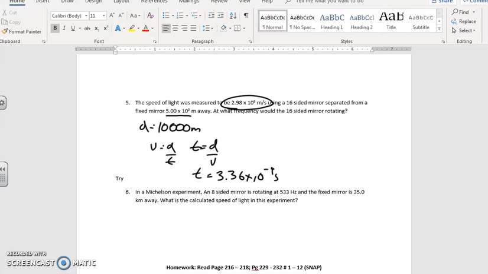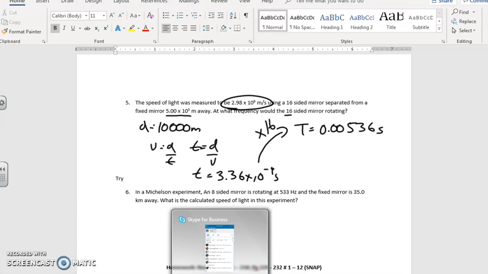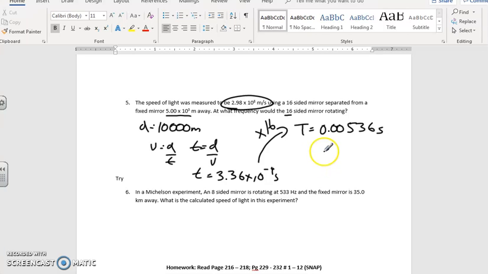Well, that's the time that it took for this mirror to rotate 1/16 of a rotation. So the period is going to be 16 times that amount, because that's 1/16 of a rotation. So the full period is 0.00536 seconds, because that will make for one complete rotation.